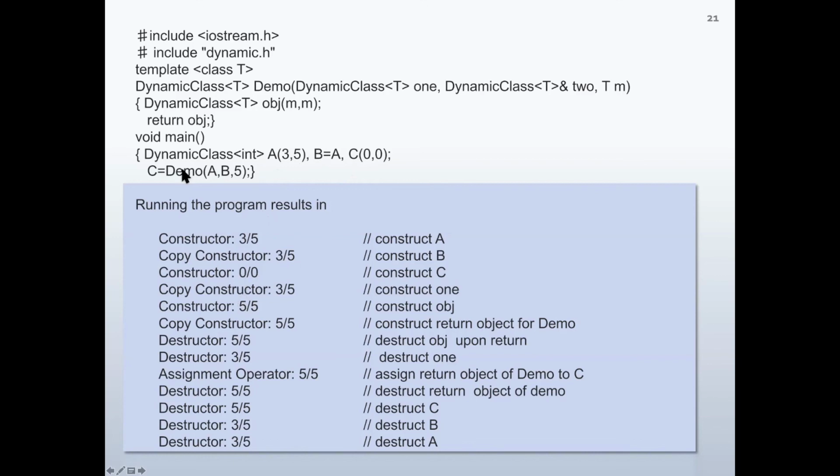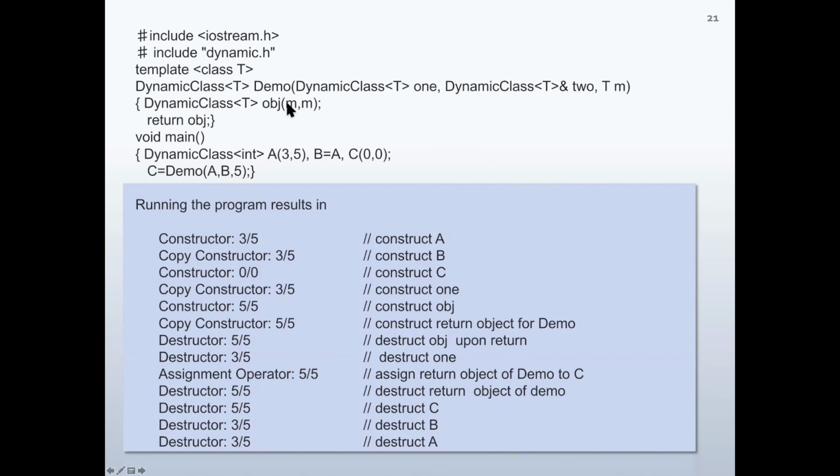We come here, there is a call to demo. A is corresponding to 1 here. There is a call to the copy constructor for construction of 1, and the values are 3 and 5. And we continue here. There is no call to the constructors for the second parameter.